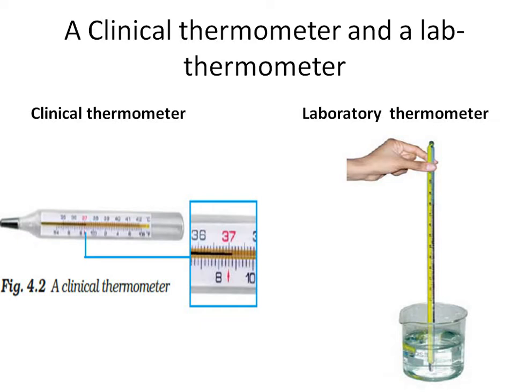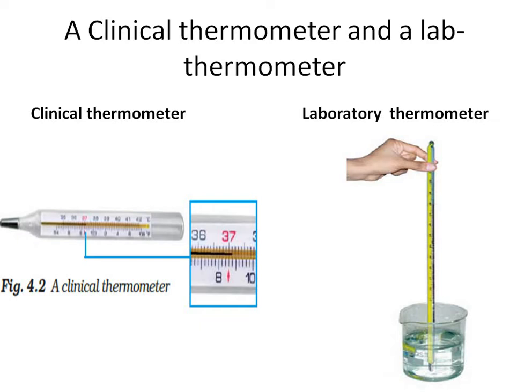Now, if it is 37 degrees Celsius, what is the need of calibration up to 100? No need. So it is calibrated from 35 degrees Celsius to 42 degrees Celsius. A clinical thermometer is calibrated from 35 to 42.